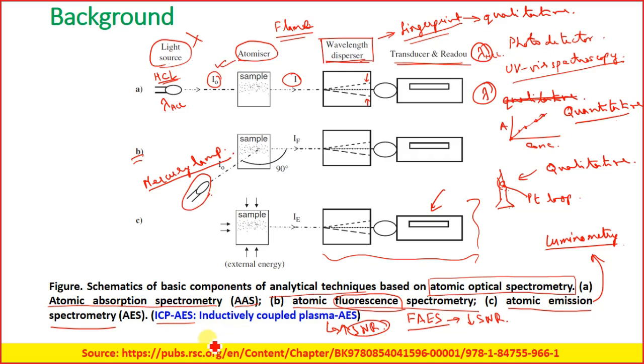However, if you do not have money to buy an ICP AES, and you want to do some preliminary studies in your lab, then you can develop atomic emission spectrometry yourself. You just have to go back to your class 12 practical.